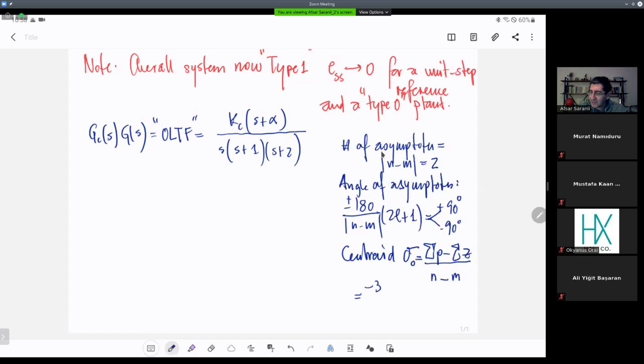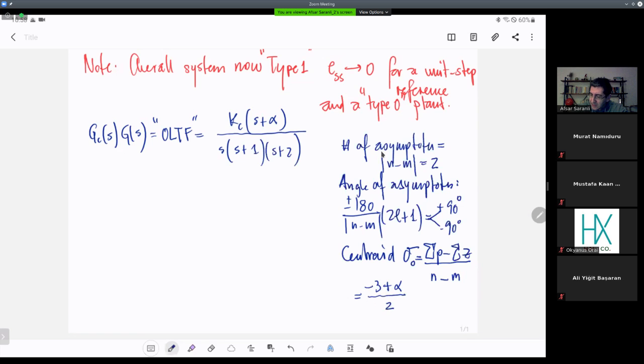So minus alpha makes plus alpha, divided by n minus m, which is equal to 2 in this case. That means we have minus 1.5 plus alpha over 2 as our centroid.